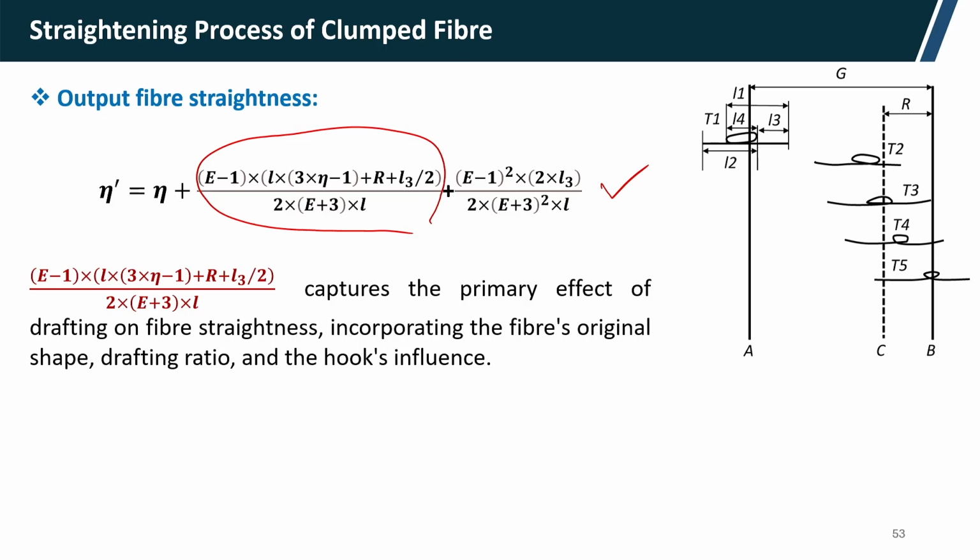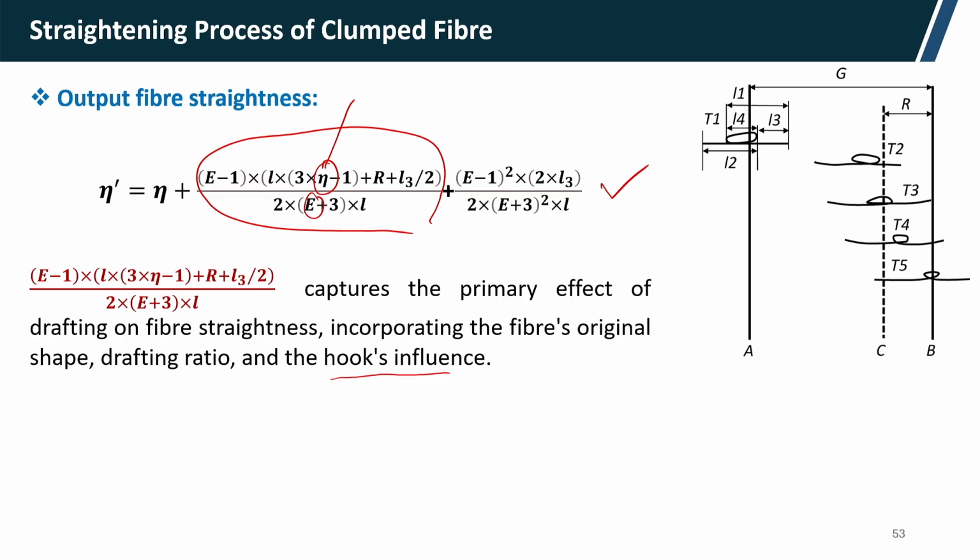It captures the primary effect of drafting on the straightness by incorporating the fiber's original shape, draft ratio and hook influence. So, here you can see the draft ratio, original shape eta and hook influence.